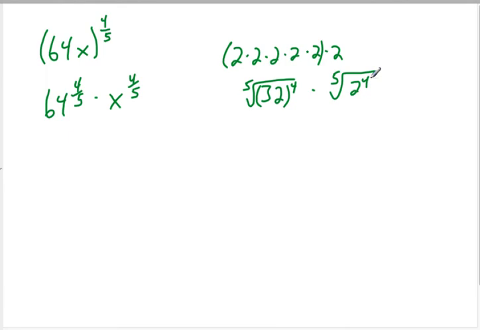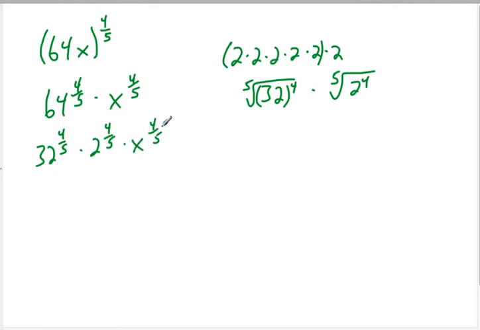Okay, so what we're going to do is break that 64 into 32 to the 4/5 times 2 to the 4/5, right? Because we're able to bring out the 32, because we can find the fifth root of 32, which is 2. And then we have x to the 4/5.